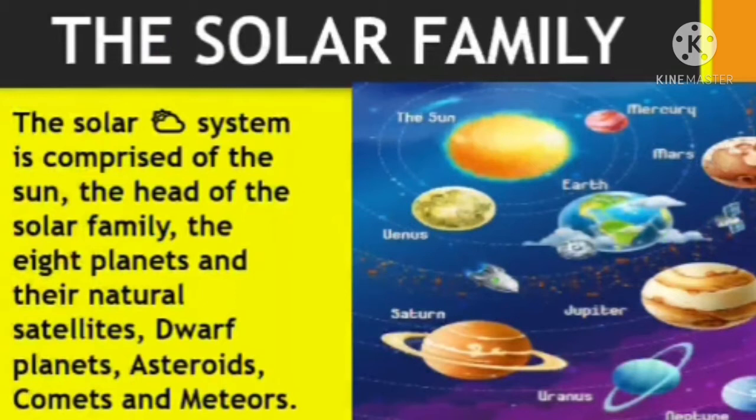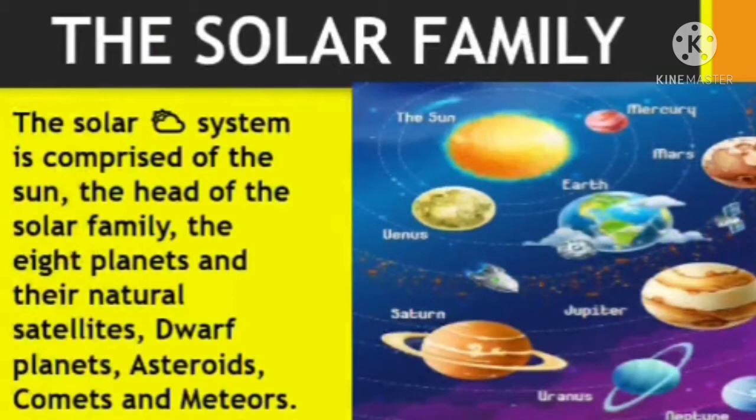Okay, Pluto used to be a planet, but it's now classified as a dwarf planet from 2006. So what makes up the solar family is the sun, the 8 planets, the satellites, that's the moons, the dwarf planet, asteroids, comets, and meteors.